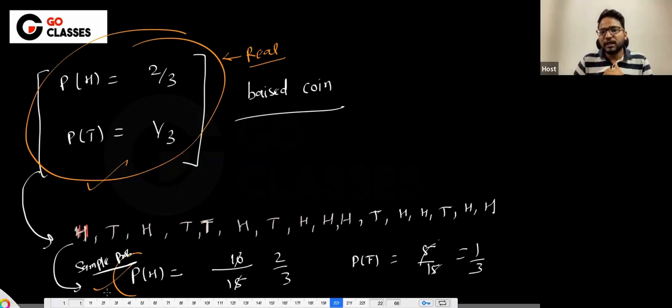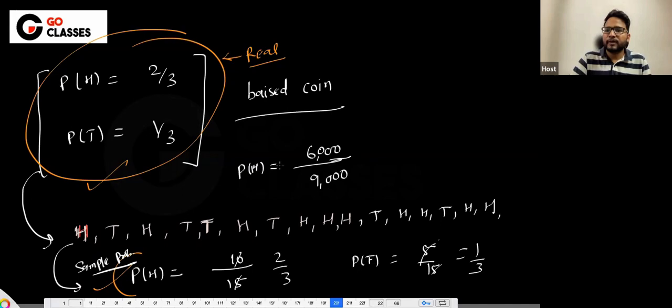Probability definition says that if you have enough number of trials, let's suppose I draw it 9,000 times, then on average, almost I will be getting maybe 6,000 times head, right?